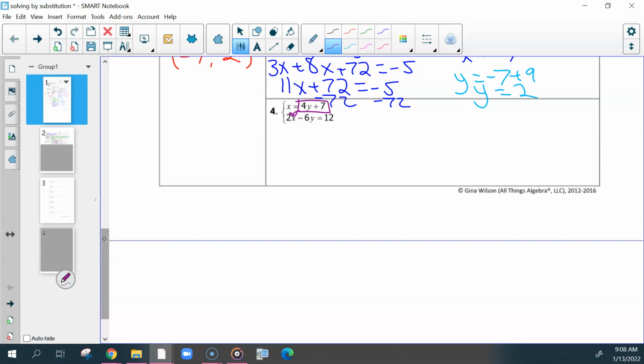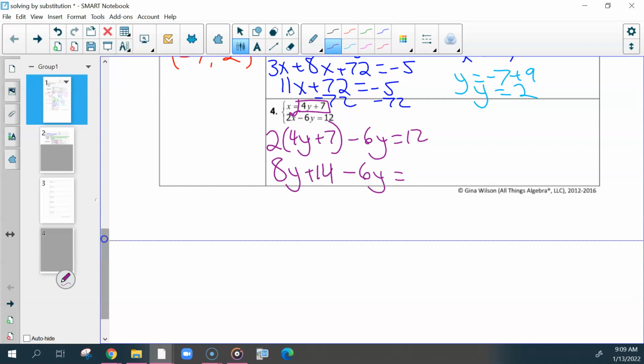So when we rewrite this second equation, it's going to look like this: 2 times (4y plus 7) minus 6y equals 12. And then we can start to solve this. Distribute the 2, so we have 8y plus 14.